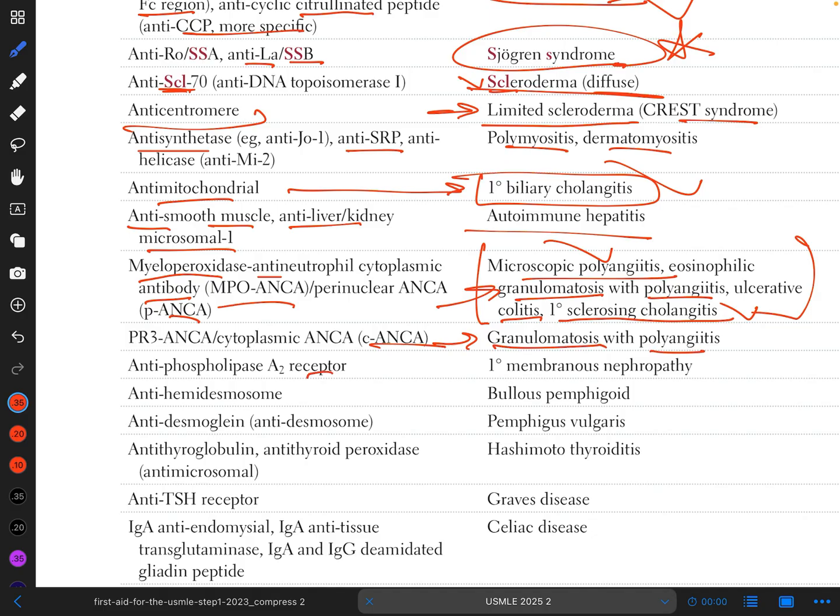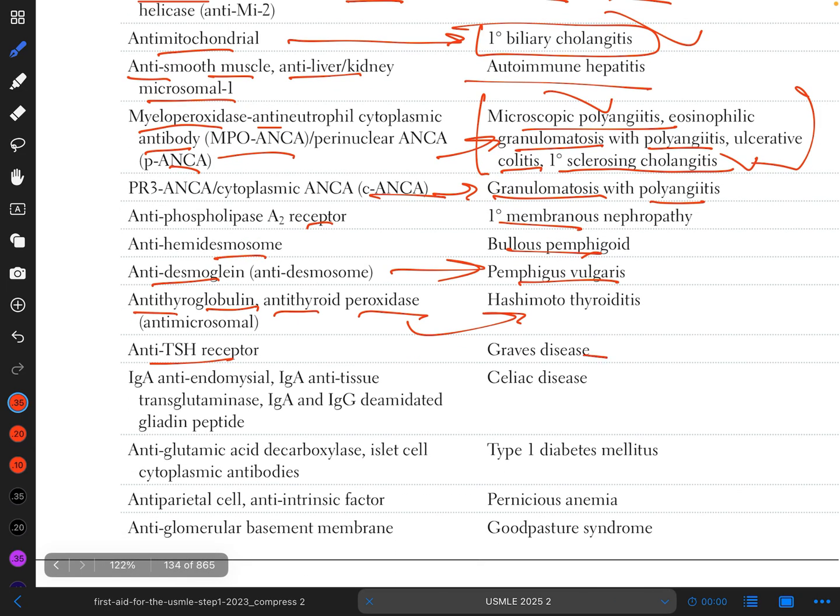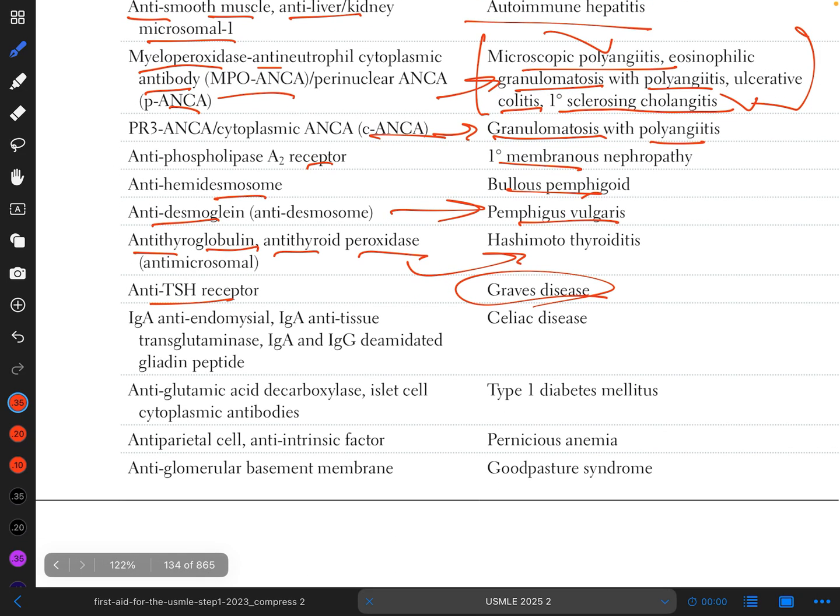polyangiitis. Anti-phospholipase A2 receptor is with primary membranous nephropathy, anti-hemidesmosome with bullous pemphigoid, and anti-desmoglein with pemphigus vulgaris. Anti-thyroglobulin and anti-thyroid peroxidase cause Hashimoto thyroiditis, and anti-TSH receptor causes Graves disease.